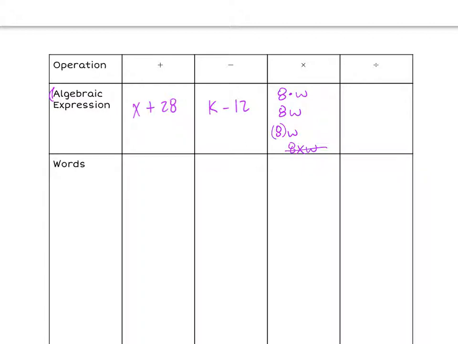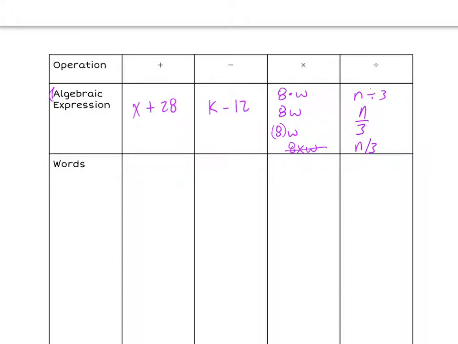Division. Again, probably two ways that you're going to see it: n divided by 3 or n over 3. Those are probably the most typical. You might see the slash there, but most often you'll see the first two. The only difference in our words here, we are not going to write them all again because that would take time that we don't need to take.